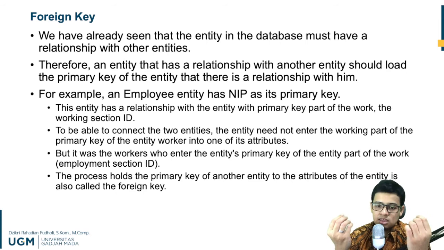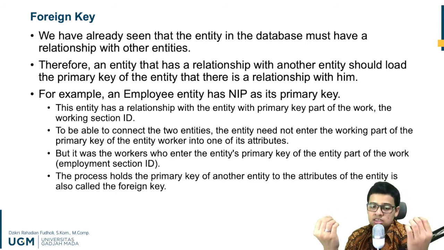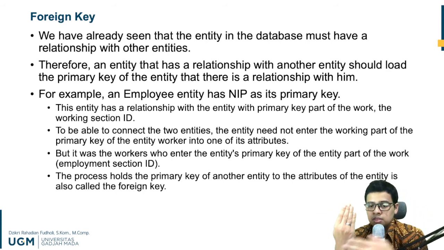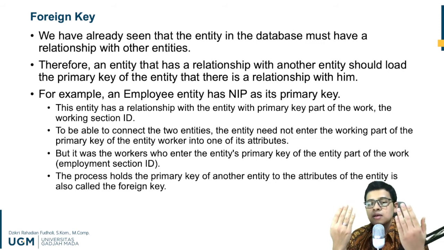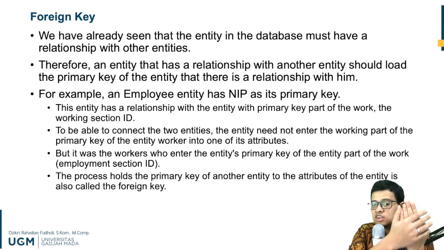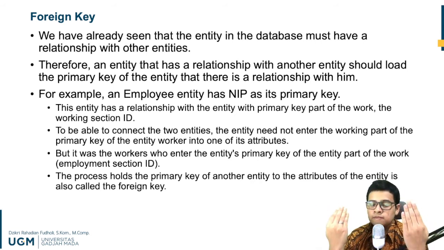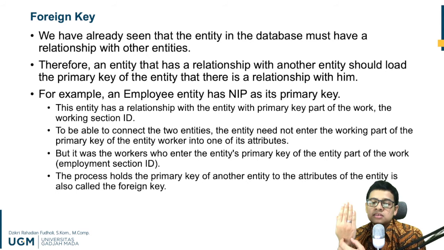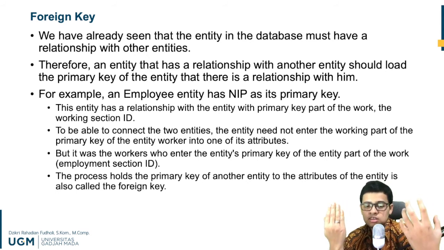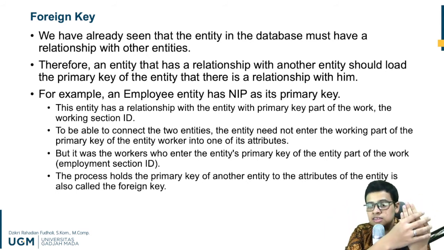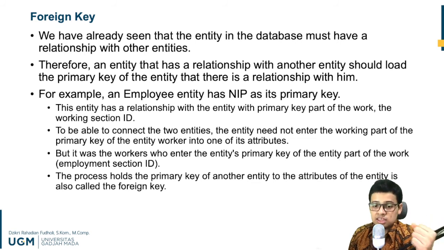Therefore, the advantage of using this primary key and this foreign key is that we can access more data. For example, this working section, we don't need to know where it's located, maybe in floor 1, in floor 2, and other attributes over there, but we can just keep the ID, and then the information is stored in the working section set.